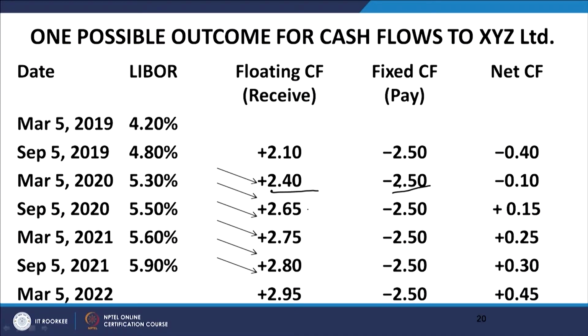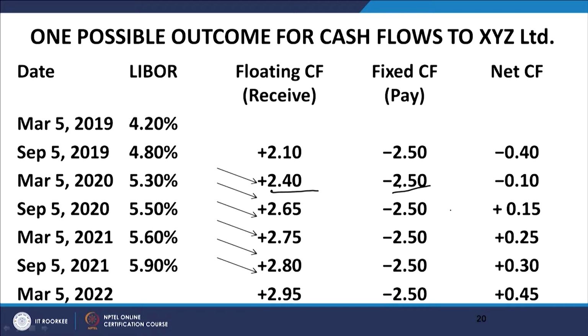You will receive 2.65 because you are the floating rate receiver, and you will pay 2.50, that will continue to be at 5%, that is 2.5% for the half year, and the net payment in this case will be an inflow to you, because the floating rate has increased. So, this is the way this swap operates.